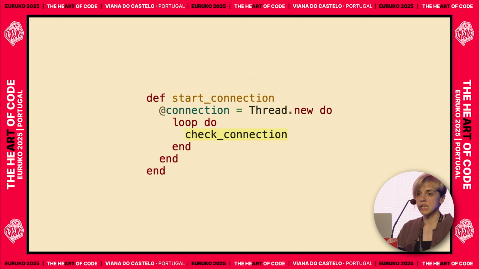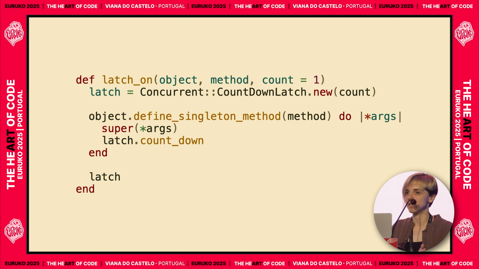The last thing we need to do is hook it up to this check condition. And we actually don't want to touch the original code, because we are testing it. We don't want to change it for testing purposes. And it wouldn't be Ruby if we couldn't do it. So we can use a little bit of metaprogramming magic.